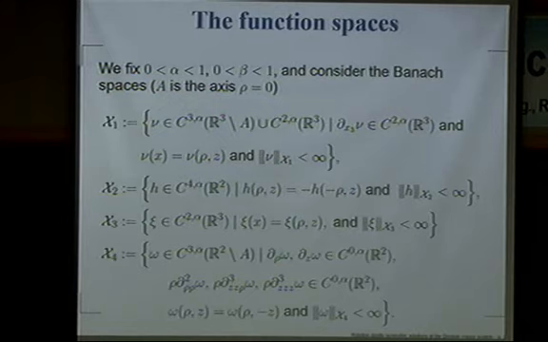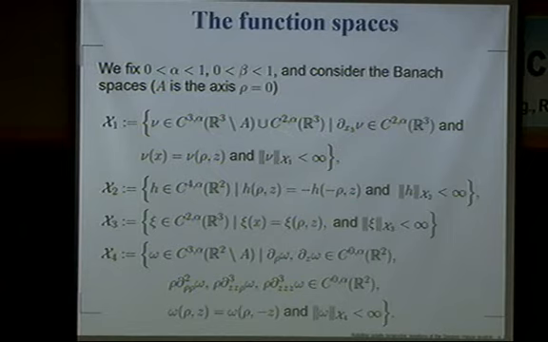Okay, and then I will just say very quickly the function spaces that we work on are roughly this. So we have chosen to work in Hölder spaces, and the situation for omega is a bit different from the others. I should also say that you see that some of the function spaces are in R3 and some are in R2, depending on which equation we consider.